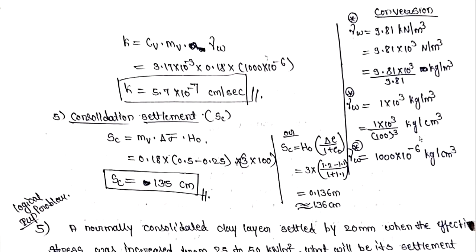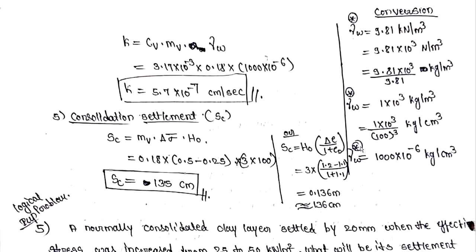Now if I want to convert it to kg and centimeter cube, I have to multiply with 100 into 10 to the power 3 at the denominator. That gives us 1000 into 10 to the power minus 6 kg per centimeter cube. That is the value for mu w.